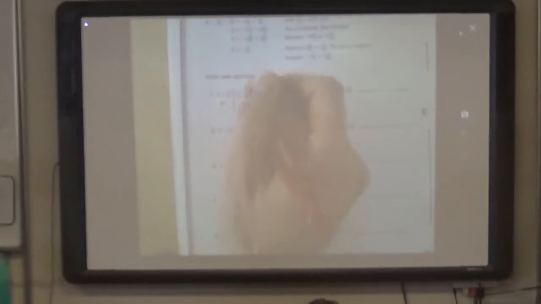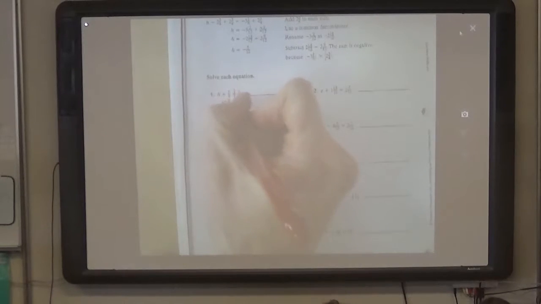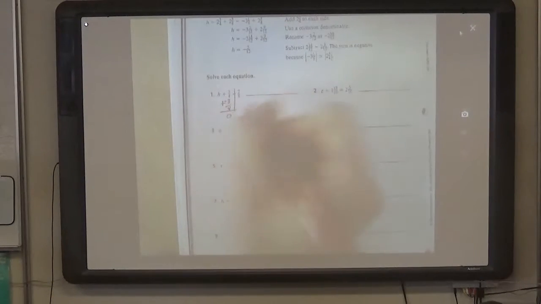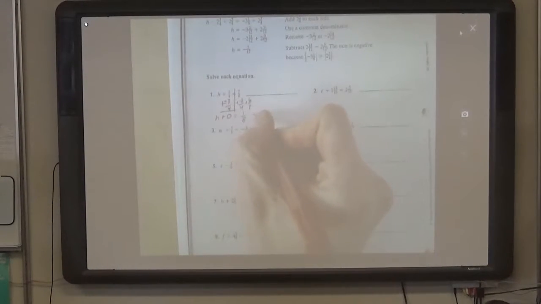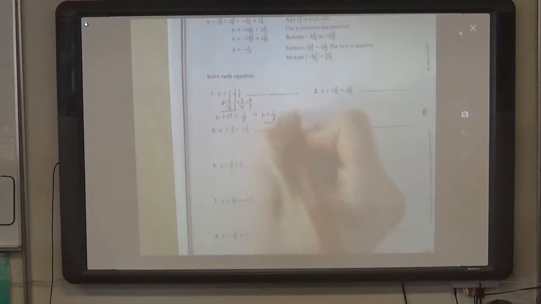And if you add negative 3/4, you get 0. And then you add negative 3/4 to the other side, which is actually negative 6/8. And then h plus 0 equals 1/8. Therefore, h equals 1/8. Circle it.